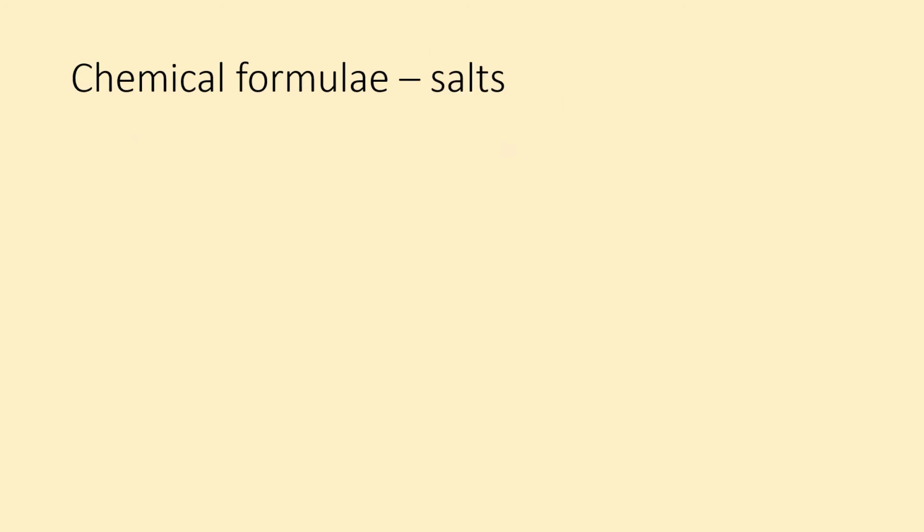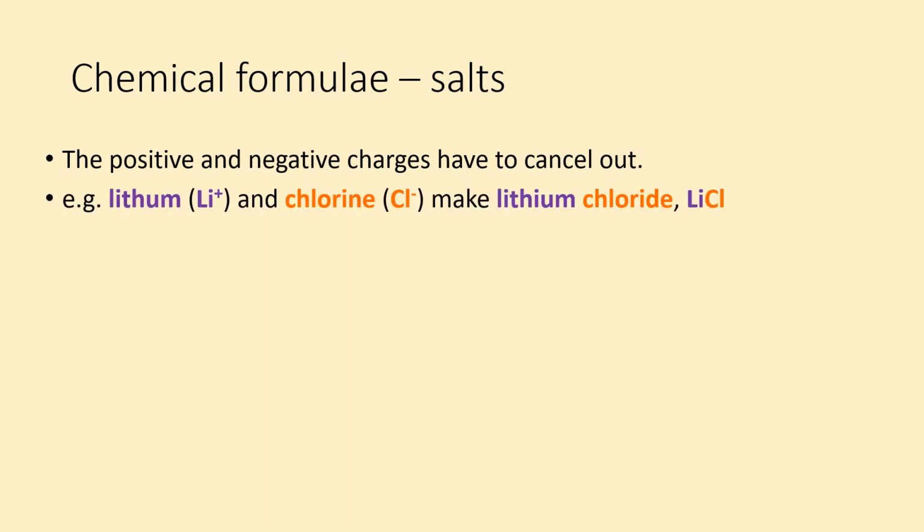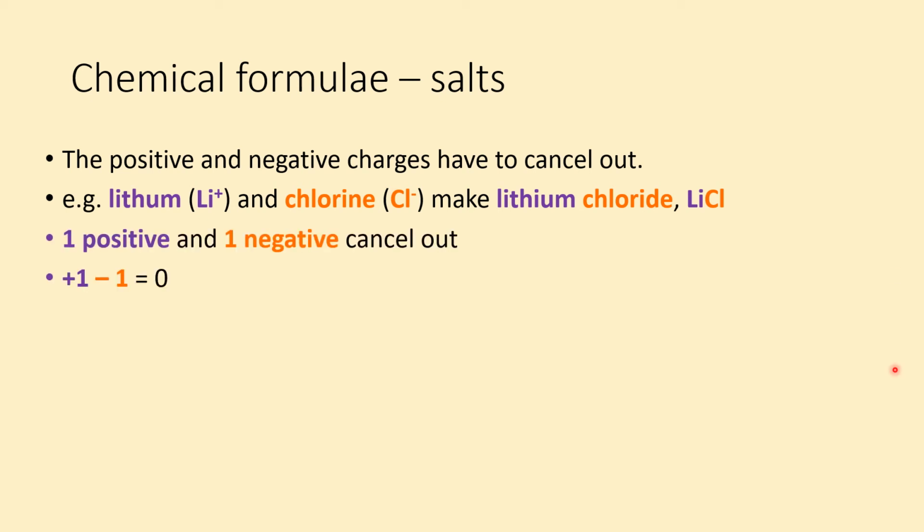So chemical formulae of salts. Positive and negative charges have to cancel out. So for example, lithium and chlorine makes lithium chloride, and you have 1 lithium ion and 1 chloride ion. And you can see that the charges balance out because we've got 1 and 1, 1 positive and 1 negative, so they cancel out.